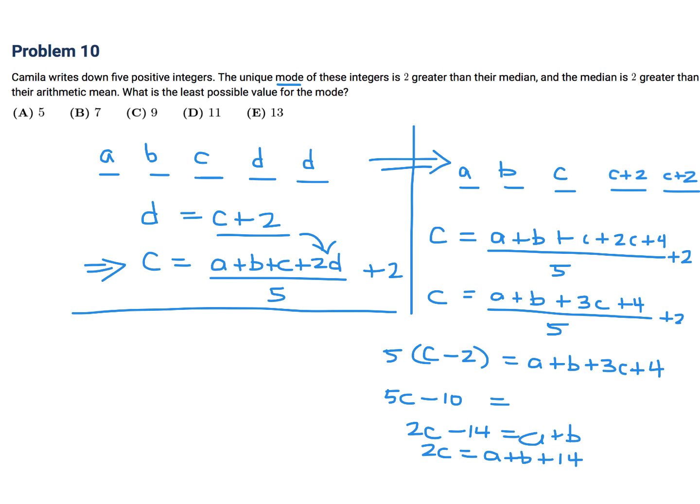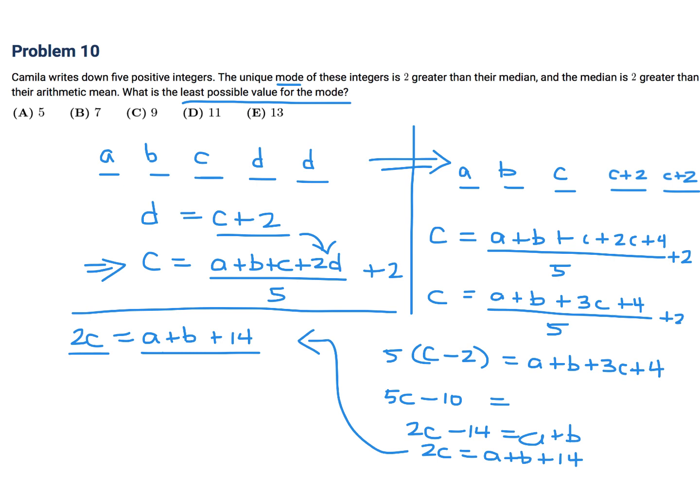Okay, so we want the least possible value for the mode, so we want the least possible value for D. From that equation, 2C is equal to A plus B plus 14. Whatever C is, 2C is even, since you're multiplying by 2. So that means this has to be even.